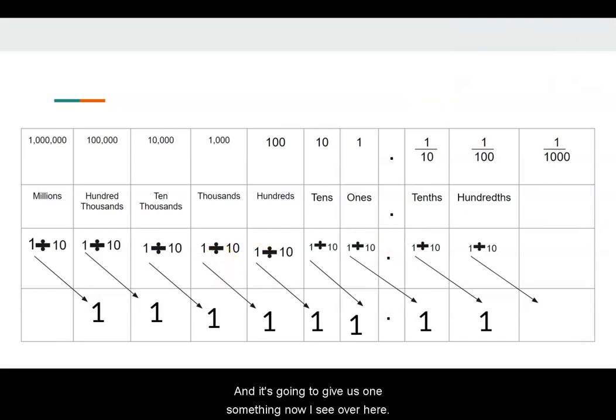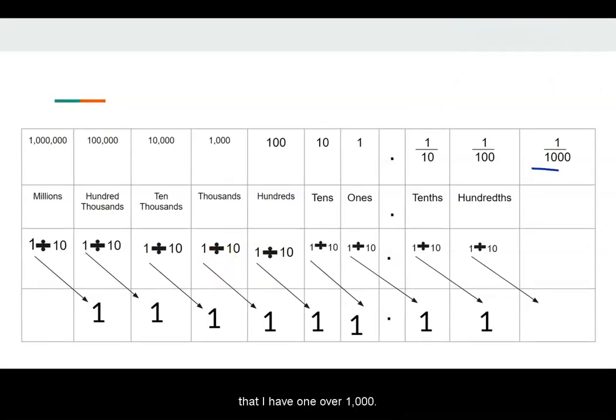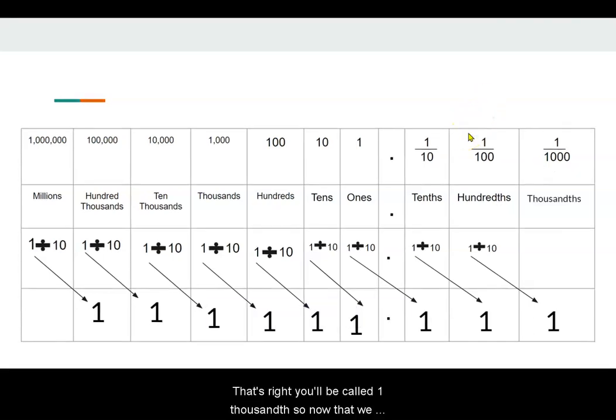Now I see over here that I have 1/1,000. So what do you think our new place value is going to be called? Do you think it'll be called hundredth or thousandth? That's right, it'll be called thousandth.